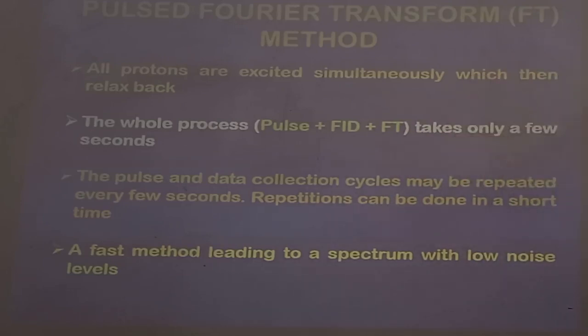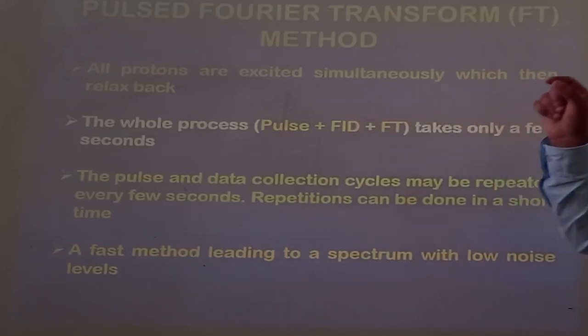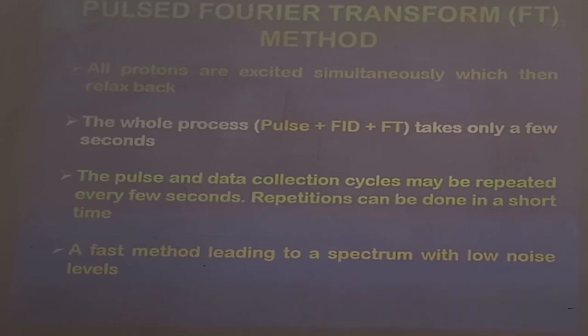All of these steps take only a few seconds, while previously you saw that one spectrum could take several minutes. But here, within a few seconds, you can do the whole operation, and this is one scan. This whole process, all of these steps, means one scan. So you scan your molecule once in a few seconds.